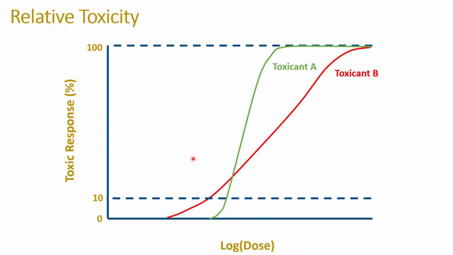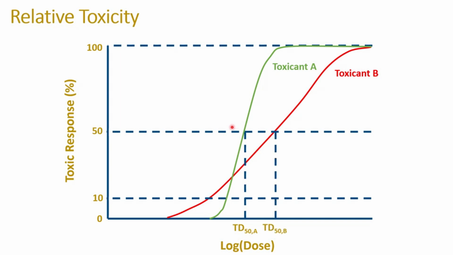Based on that metric, looking at the TD10 for toxicant B and the TD10 for toxicant A, we see that we achieve that at a lower dose for B than for A. So in this case, it would appear that B would be more toxic than A. However, if we look at the TD50, where 50% of the population is affected, we see that happens at a lower dose for A than it does for toxicant B.